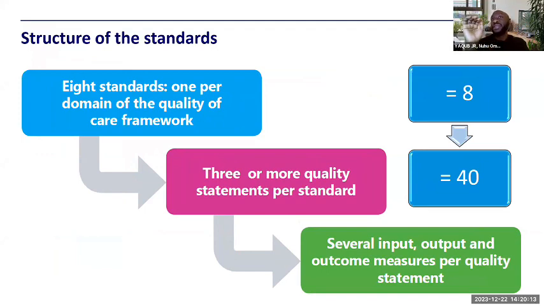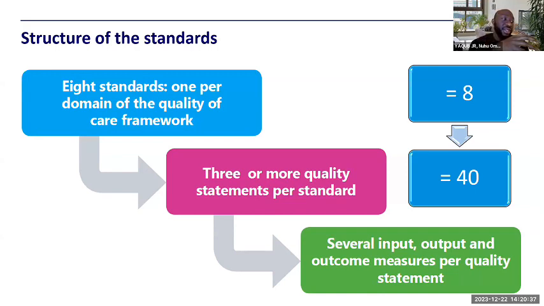So we have 8 standards. Underneath that, we have 40 quality statements that cut across diseases, health information system, organization of health information system. And underneath the statements, we have what we call the measures, which is input, output, and outcome measures. So what is needed to be able to meet each statement?